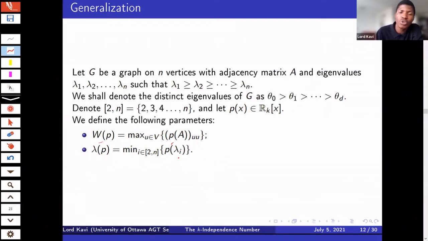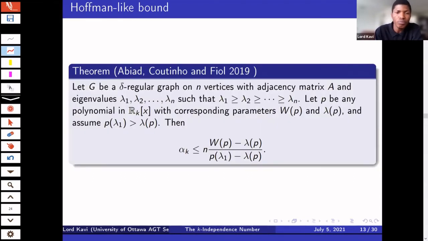Then also, if we consider the evaluation of the eigenvalues at the polynomial, all of them except the largest eigenvalue, we'll call that lambda of p. So this is the least value we obtain when we evaluate this polynomial at all the eigenvalues except the largest eigenvalue.